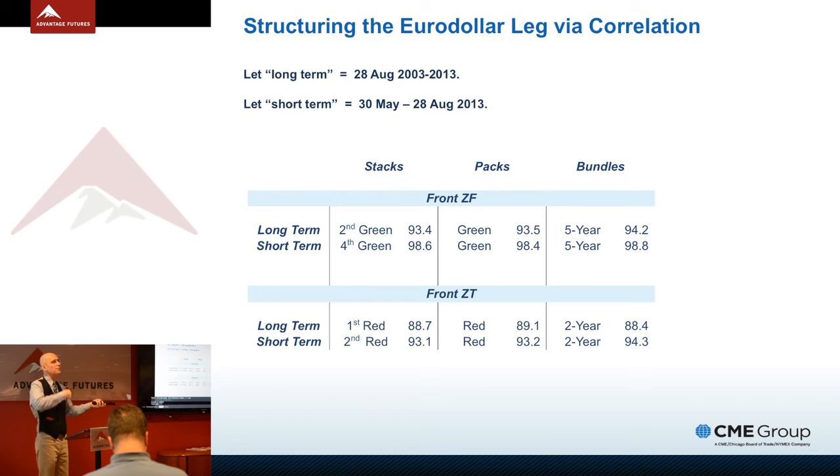So let's suppose for the remainder of this discussion that you want to keep this spread on a tight risk management leash. You're looking for legs for which the price dynamics are pretty tightly correlated. So for a 5-year, that might incline you to go for a 5-year bundle of Eurodollars or a green pack.